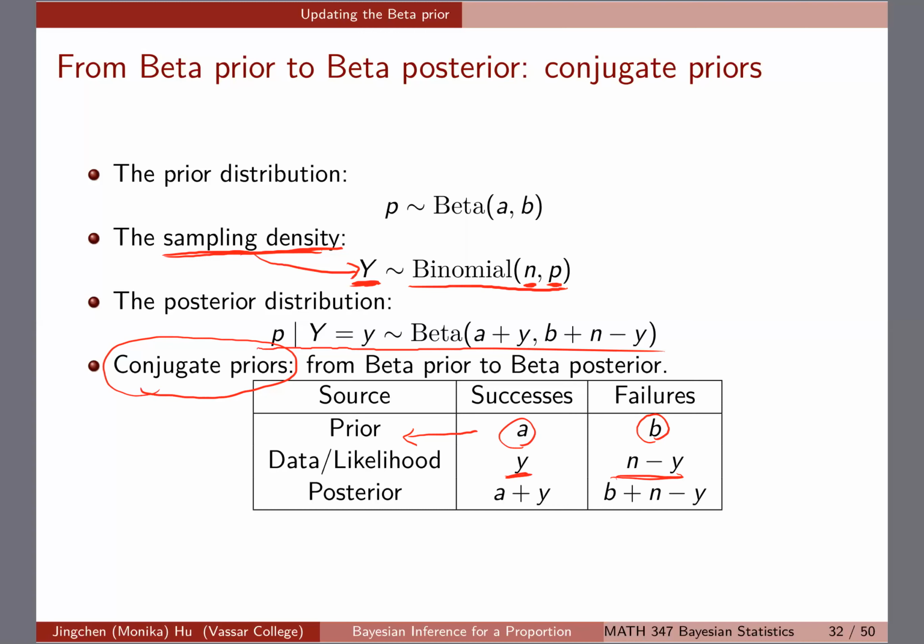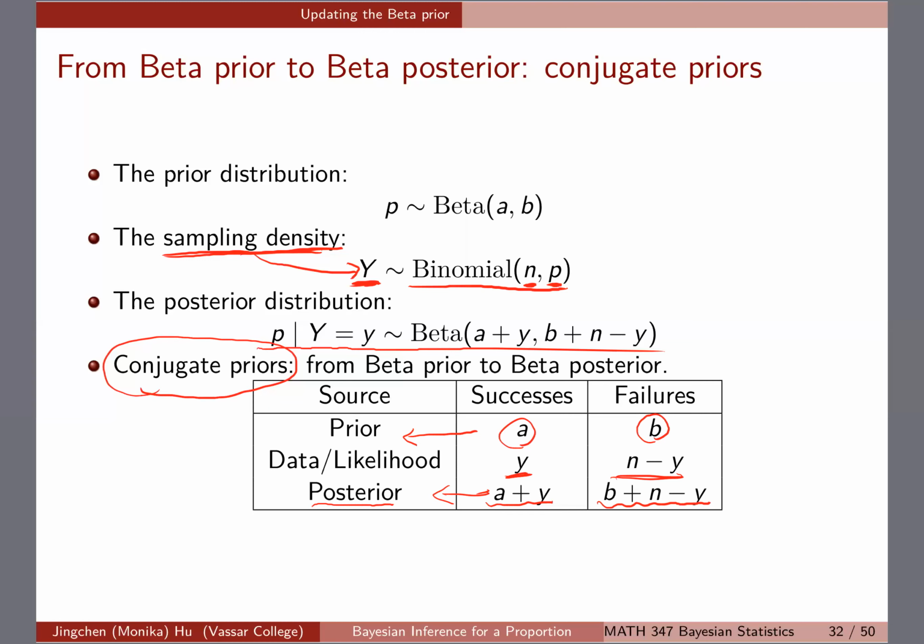Okay, and because it's conjugate, you will see that once you go to the posterior, the two shape parameters, A plus y and B plus n minus y, are the posterior counts of successes and posterior counts of failures. So this table gives you a step-by-step update for the posterior, but I think it's more important to know exactly how the update was done, not just when we're doing the derivation.